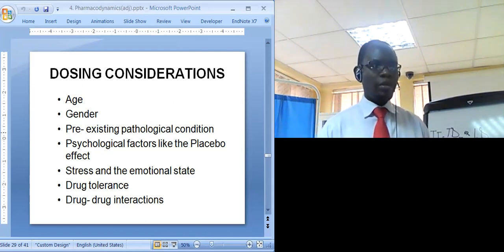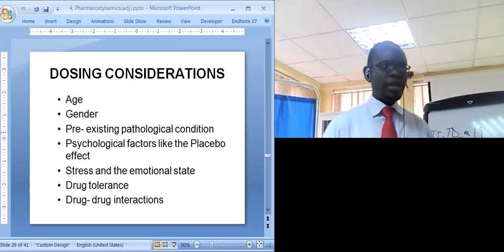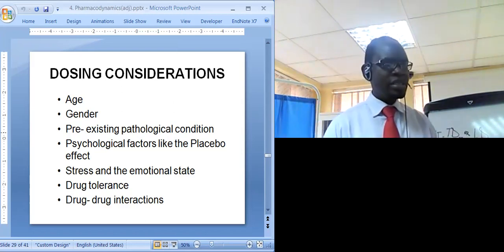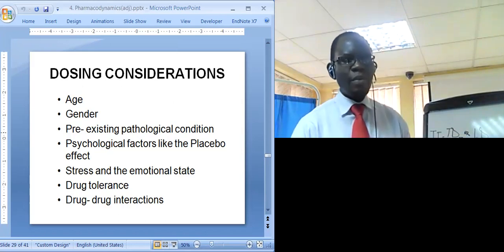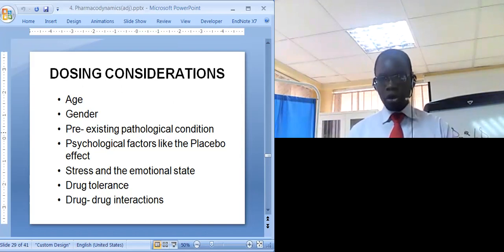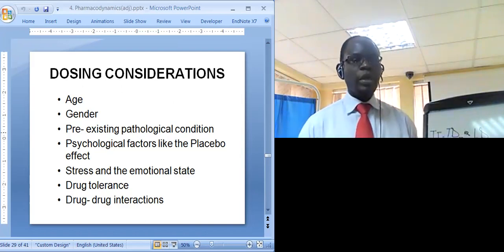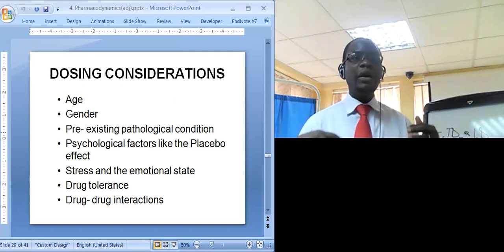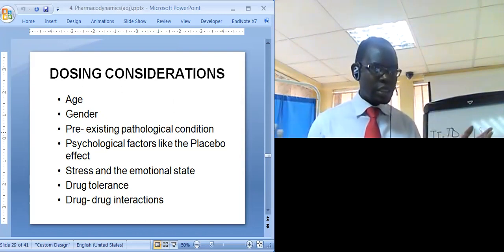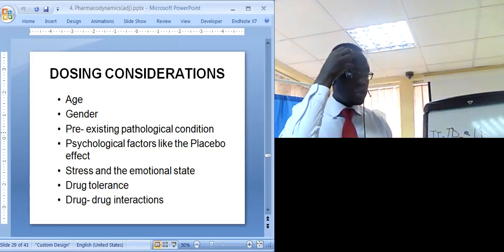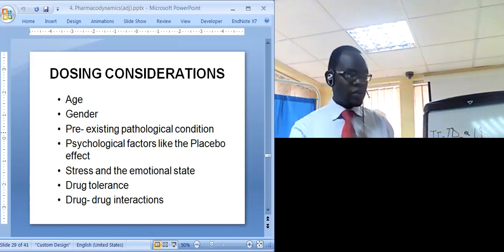So basically you need to consider that. Gender, pre-existing pathological condition. For example, there are some drugs that are contraindicated in people who have renal conditions, or some drugs that are contraindicated in people who have liver problems. So the pre-existing pathological condition of the patient is very important.